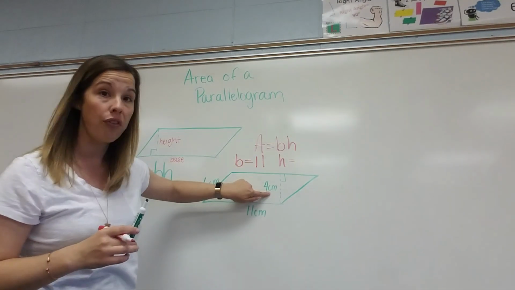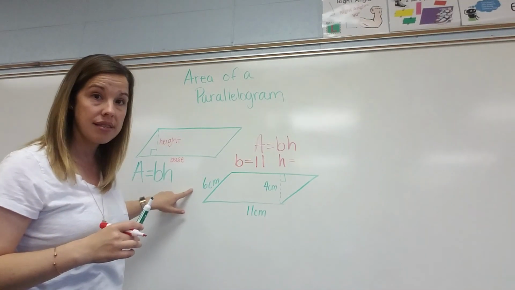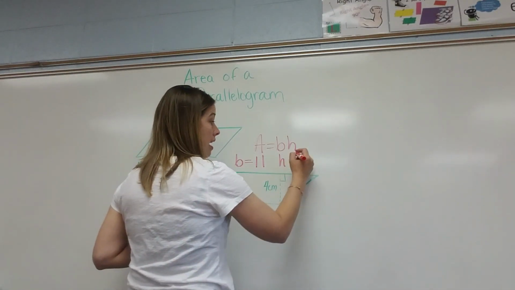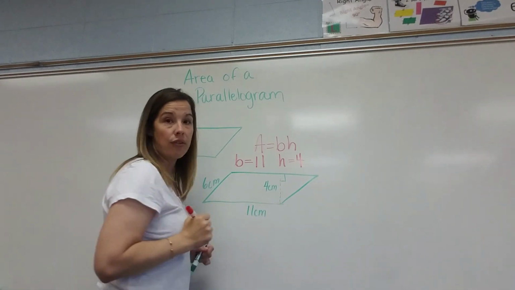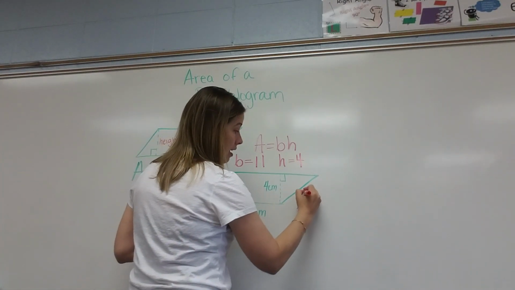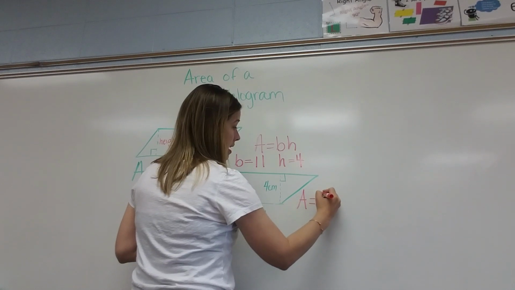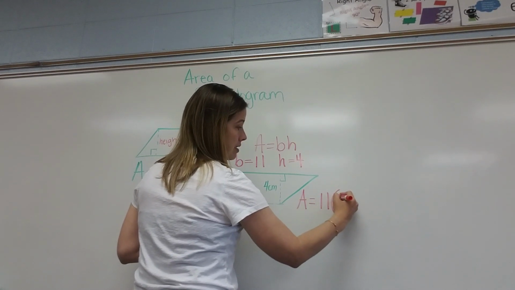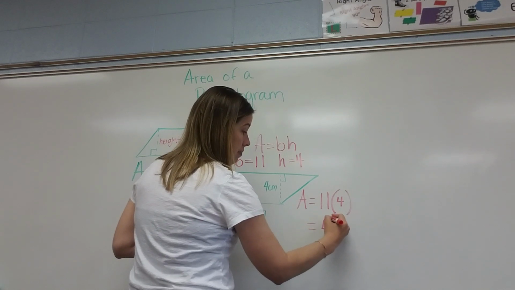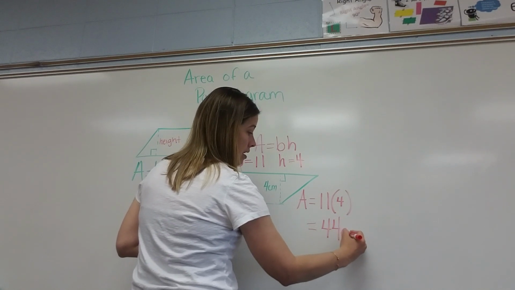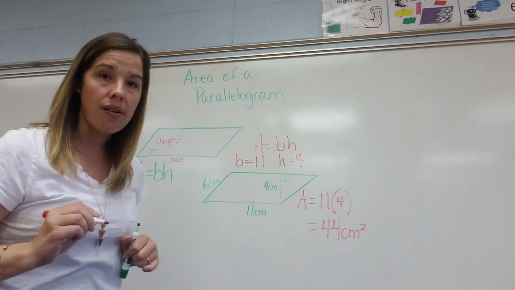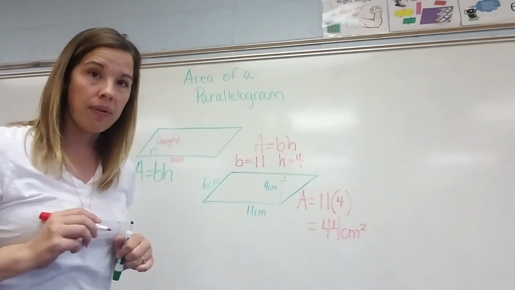Okay, so that means 4 is our height, not 6. We're not going to use 6 at all, okay? So we know that our height is 4. So now our area equals base, which is 11, times our height of 4. So our area is going to be 44 centimeters squared. Remember, area is always in square units, okay?